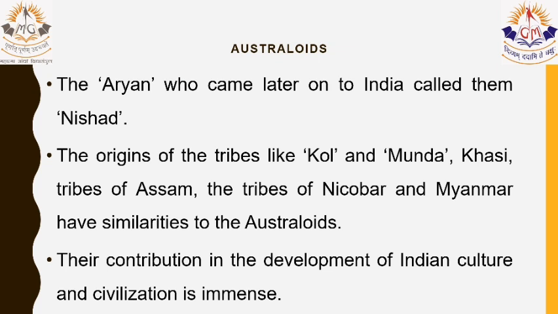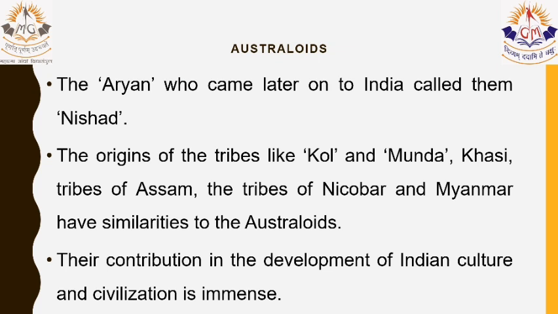Now, a question would arise in your mind: these migrations happened thousands and thousands of years back. Now, how do we come to know from which area of the world these people migrated to India? We can know about this because the tribes of Kol, Munda, Khasi, the tribes of Assam, the tribes of Nicobar and Myanmar have similarities to the Australoids.